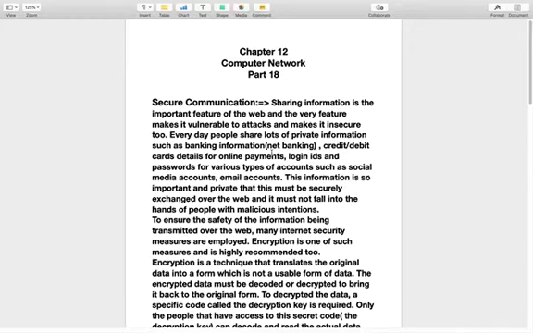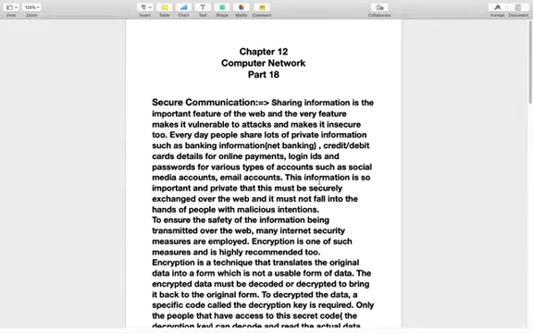Sharing information is an important feature of the web, and the very feature makes it vulnerable to attacks and makes it insecure too. Every day people share lots of private information such as banking information, net banking, credit card details for online payments, or login IDs and passwords for various types of accounts such as social media accounts and email accounts.